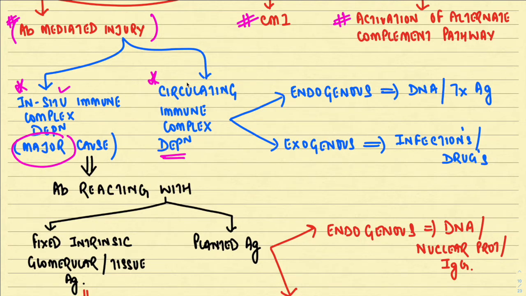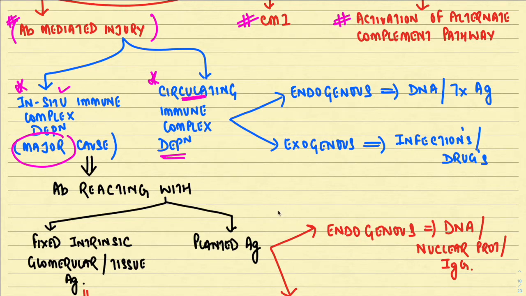In situ means that the complex formation is forming at the level of the kidney only. Whereas circulating immune complex deposition means that the immune complex was formed in the circulation and from there it has deposited in the kidney.